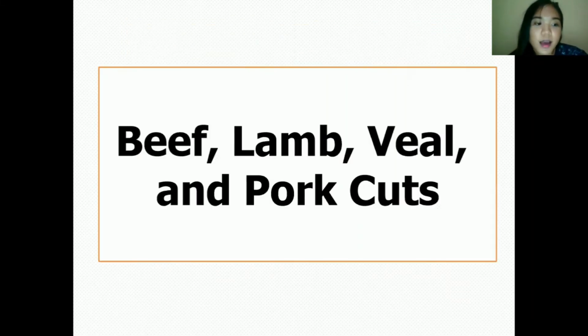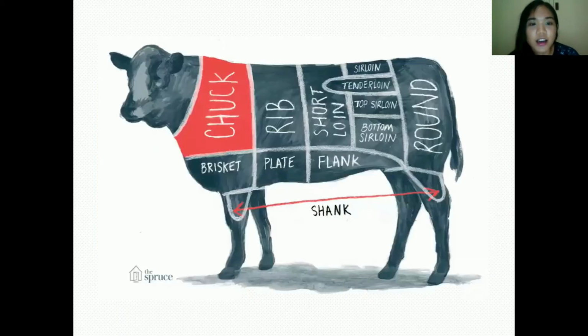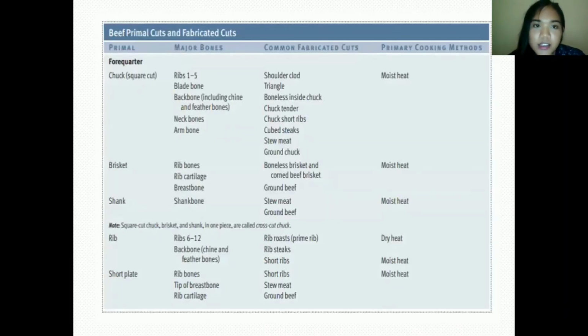The next is the beef, lamb, veal, and pork cuts. Now you can see here the different parts of the meat cuts, and here are the major bone components, the common fabricated cuts, and the primary cooking methods.